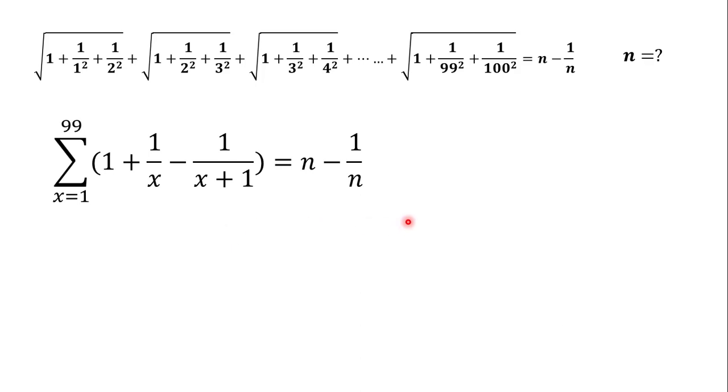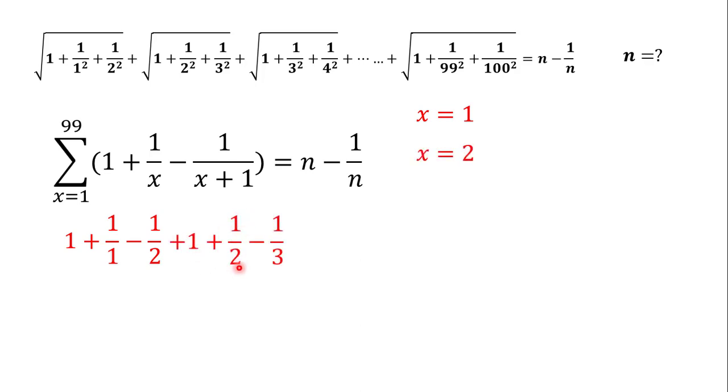For example, if I replace x by 1, I get 3 terms: 1 plus 1 over 1 minus 1 over 2. If I replace x by 2, I get 1 plus 1 over 2 minus 1 over 3.